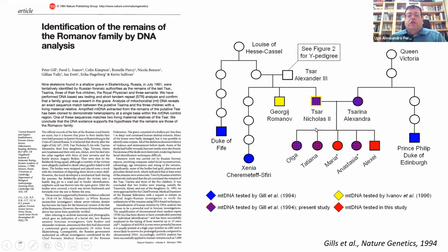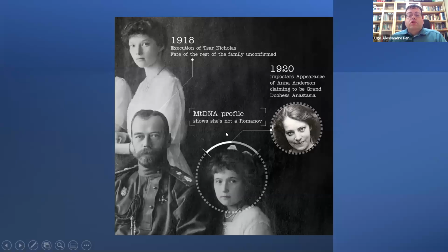So through mitochondrial DNA, they were able to conclusively understand and prove that the bodies that were found were those of the Romanov family. They were also able to use mitochondrial DNA to exclude somebody that pretended to be one of the children. If you remember the famous story of the Disney movie of Anastasia, and that child that they say survived, they actually found the exact number of children, so that wasn't a problem.